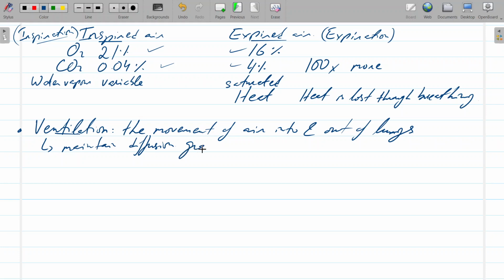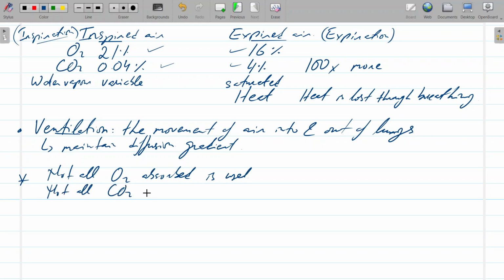Keep in mind that practically not all, and this is something I don't believe is in your book, not all the O2 absorbed is used, and not all the CO2 produced in the body is removed.